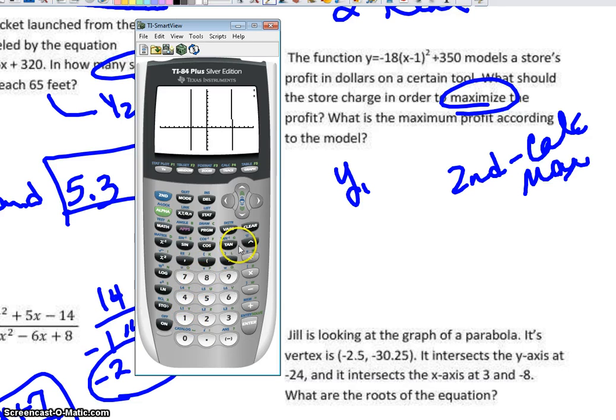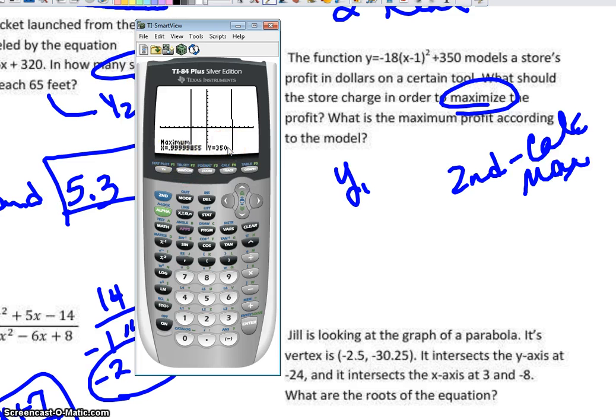Let it draw. It's okay if you can't see the exact spot. Go to the left until you see your cursor on the left, enter. Go to the right until you see your cursor on the right side. Enter, enter.